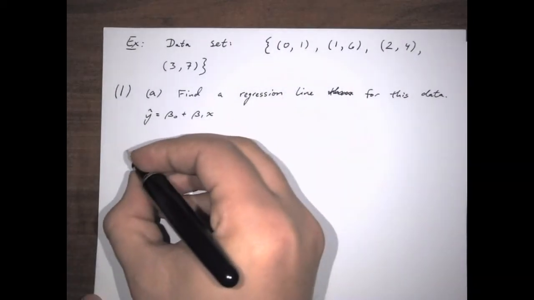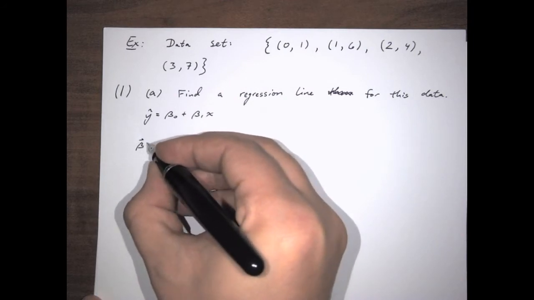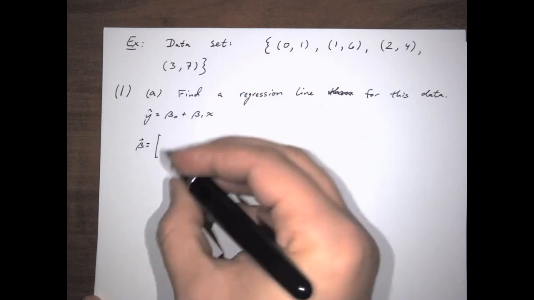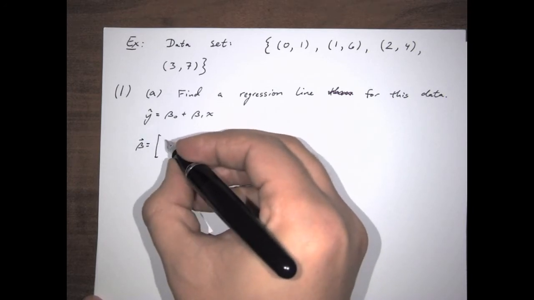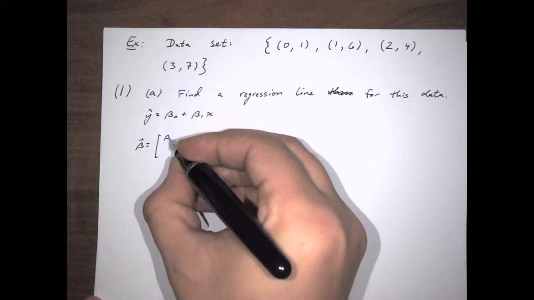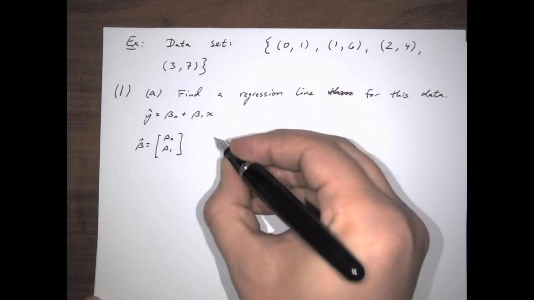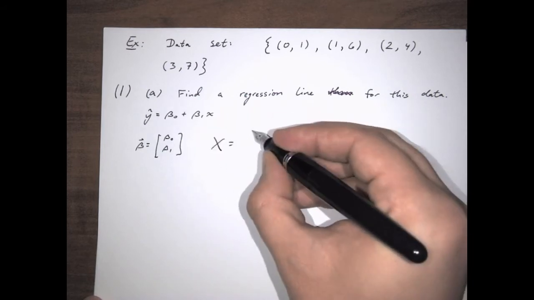Okay, well then what that means is, the parameter vector will be just of the form beta naught, beta 1.